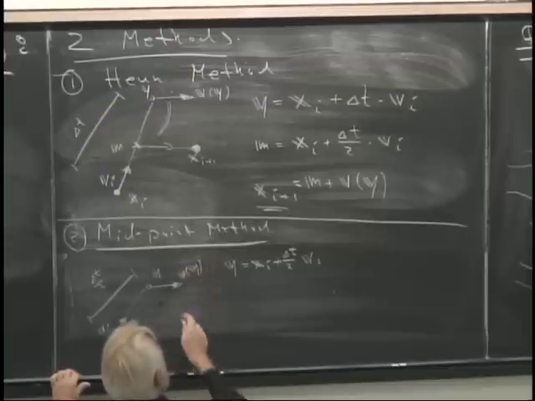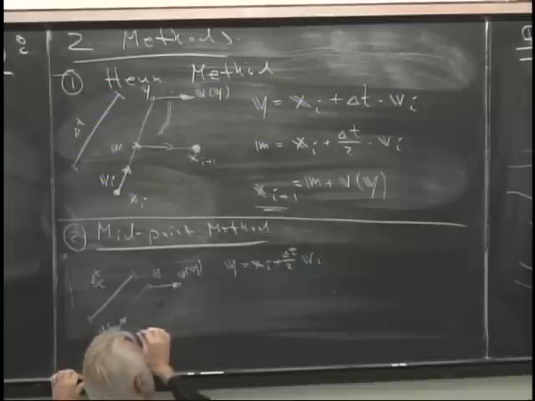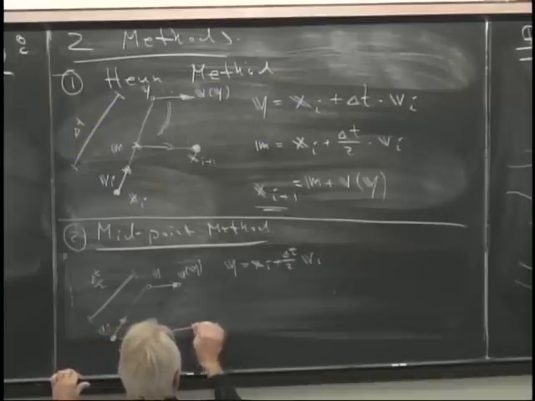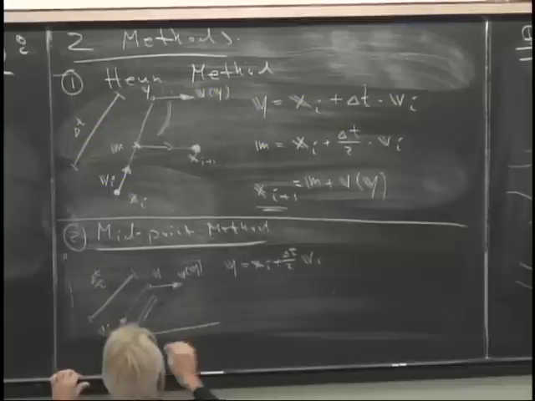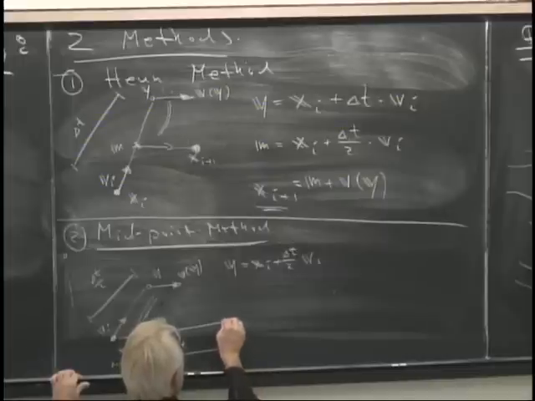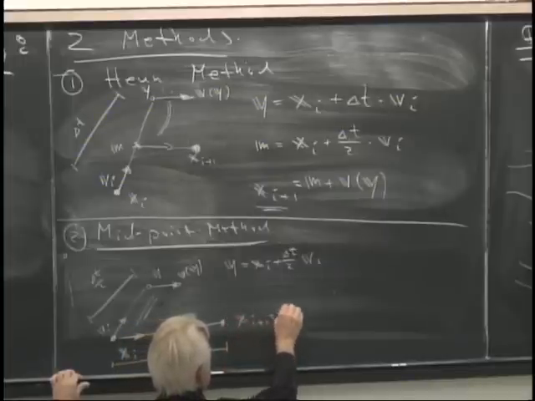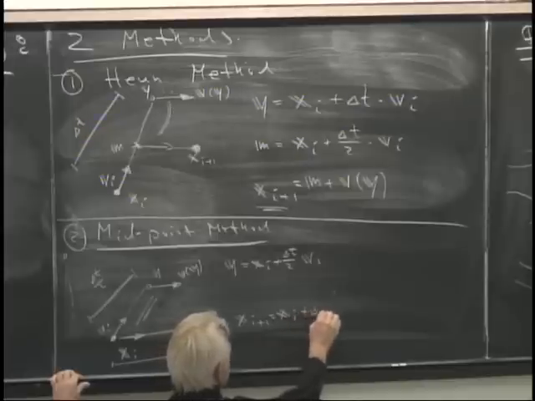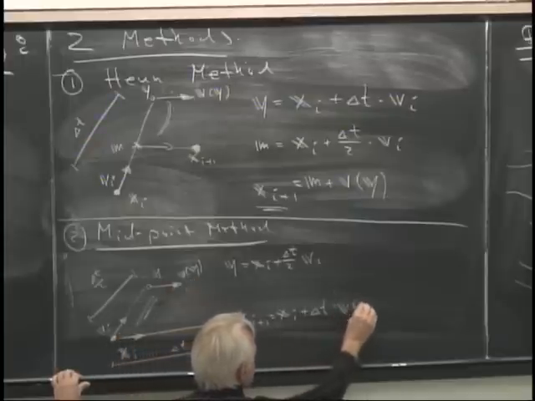And then I will use this velocity, apply it here, and march in the direction for all of delta t. These two vectors are the same, and I march in this direction for the entire time step duration of delta t, and get this point. Okay, xi plus 1 equals previous point xi plus the entire time delta t times the velocity at the helper point y.